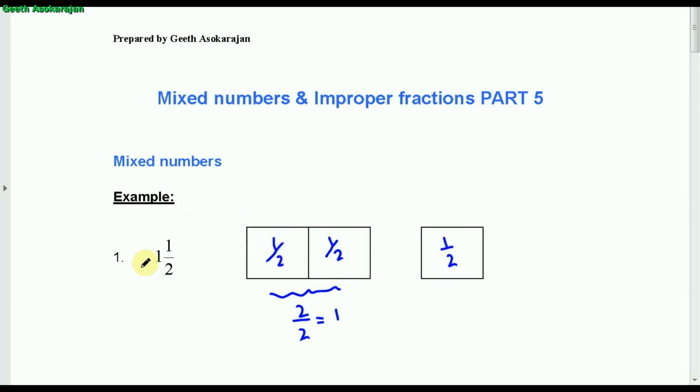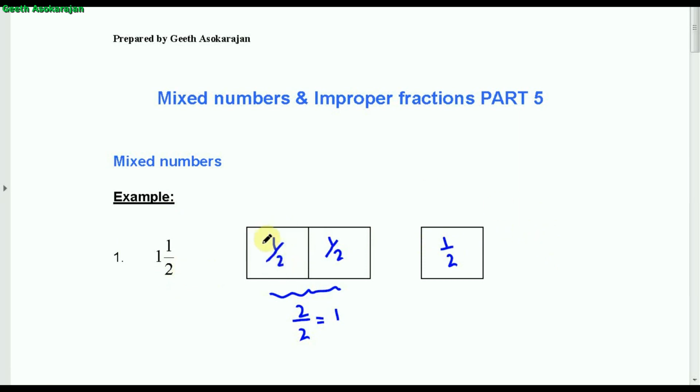Now we can write this mixed number, or mixed fraction, as an improper fraction. Remember the term improper fraction. An improper fraction is a fraction whereby the numerator is bigger than the denominator. So let me show you how to write 1.5, a mixed number, as an improper fraction.